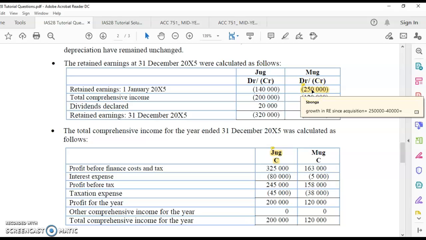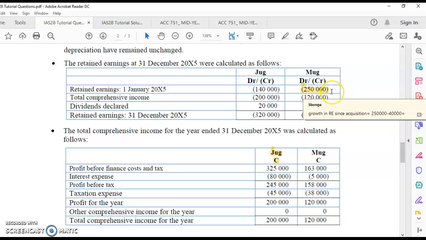Again, you should note that for my since acquisition in the AOE, my growth in retained earnings is going to be the retained earnings at the beginning of the current year, which is 250, minus the retained earnings at acquisition, which was 40,000 given there on top, and then your growth in retained earnings will then be 210,000. You will see that in the AOE.